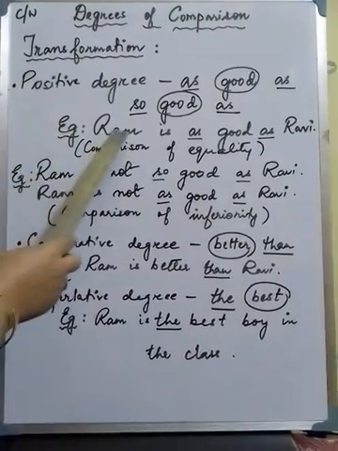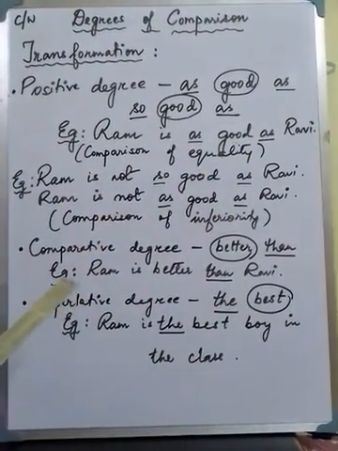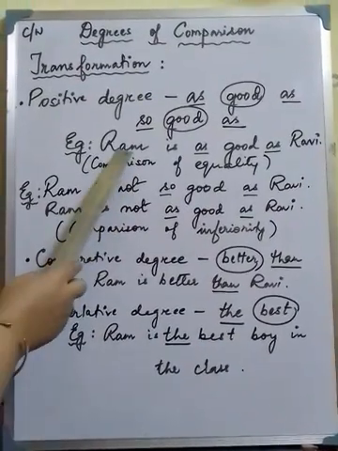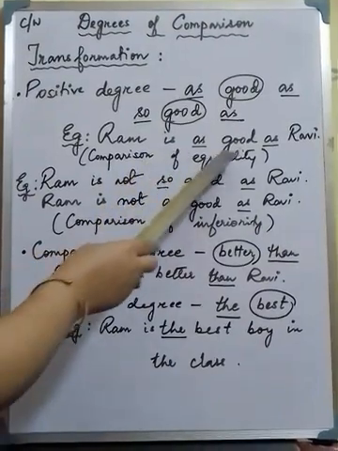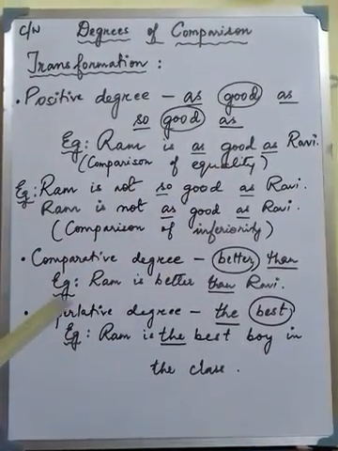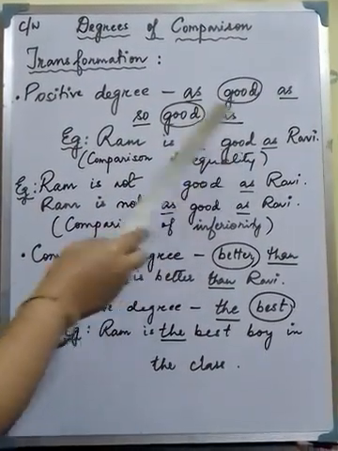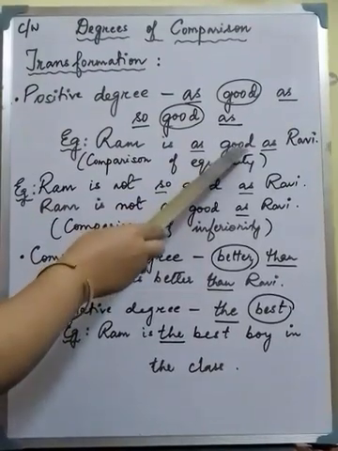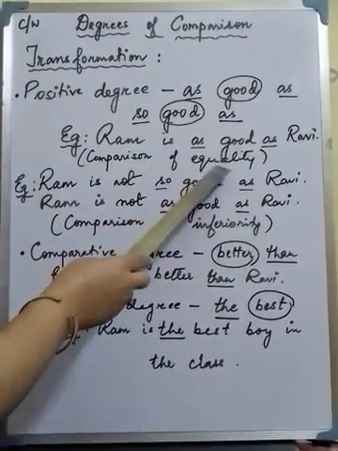For example, Ram is as good as Ravi. In this sentence, there is a clear comparison between Ram and Ravi. The adjective used is good, and we use as before and after the adjective good because good is in the positive degree. So this is a comparison of equality.